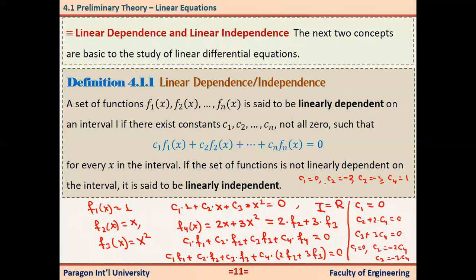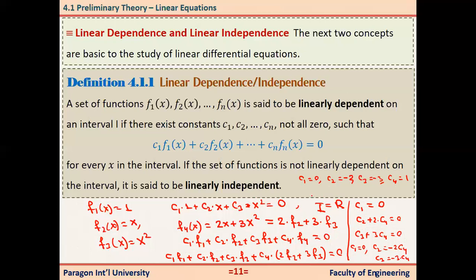As you see, three of them are not equal to 0. If we substitute these values, that's equal to 0. So that means F1, F2, F3, and F4 are linearly dependent.